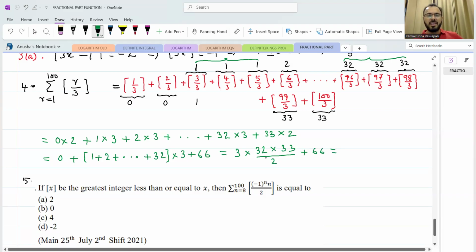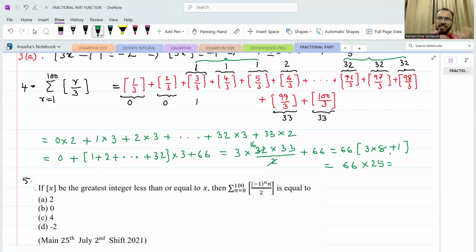You can cancel by 2, 16s. I can take that 66 common, into 3 into 8 plus 1 is left. So this is equal to 66 into 25. I don't want to write the complete answer. You can finish that. Like this, you can be given integral part of r by 2, r by 4, r by 5, etc.